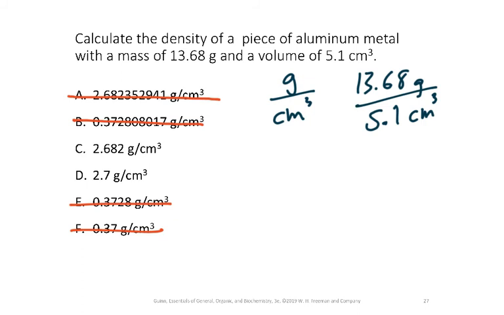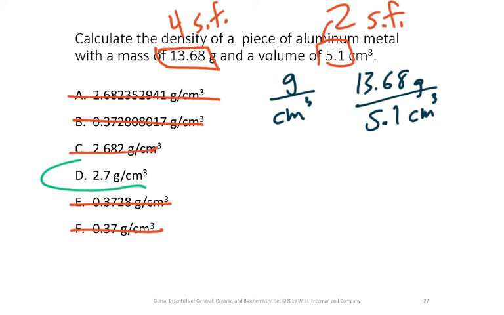And so this is more reasonable now. So let's see. Our mass has how many significant figures? 4 sig figs. And the volume has 2. So the final answer should have 2. There we go.